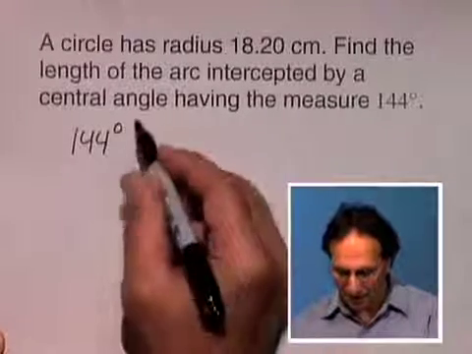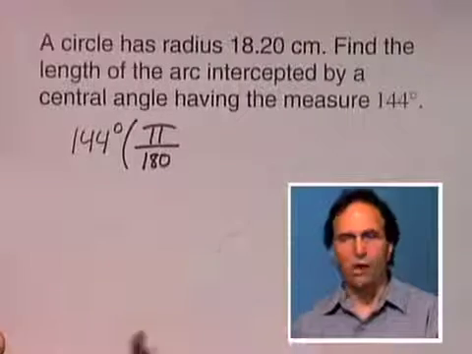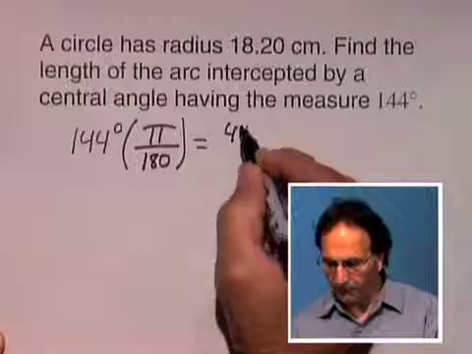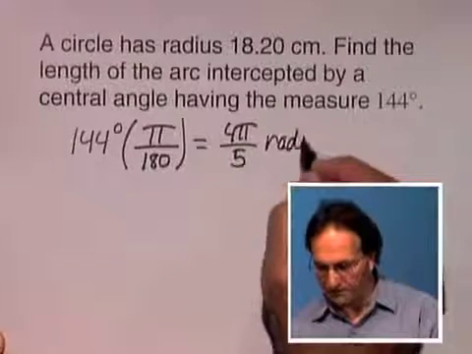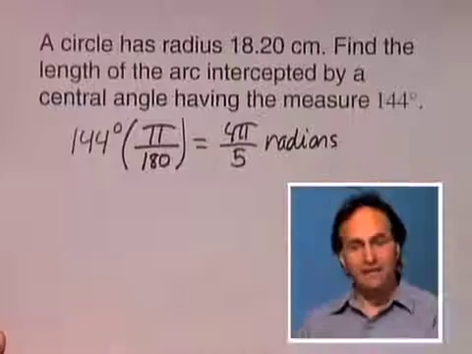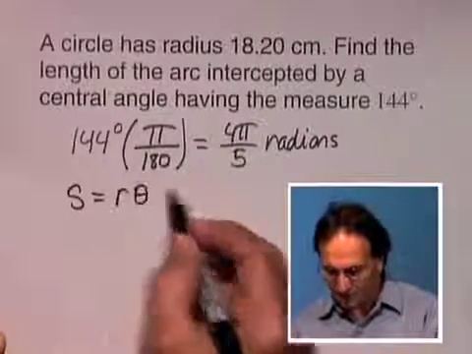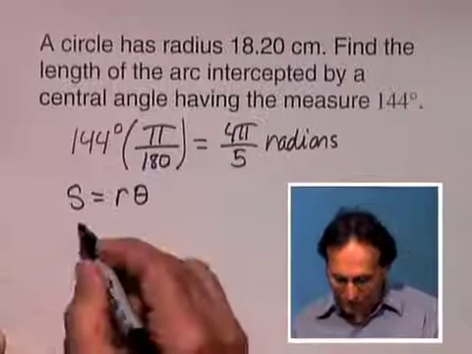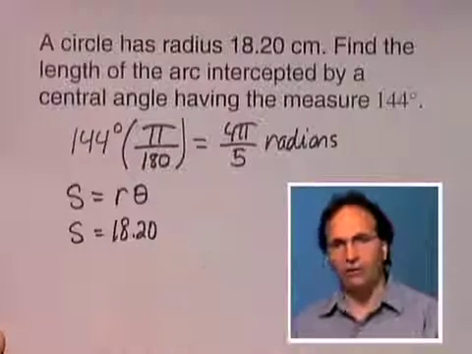We do that by multiplying by pi over 180. That would give us a result of 4 pi over 5 radians. Now we can use our formula, S equals r times theta. We substitute 18.20 for r.